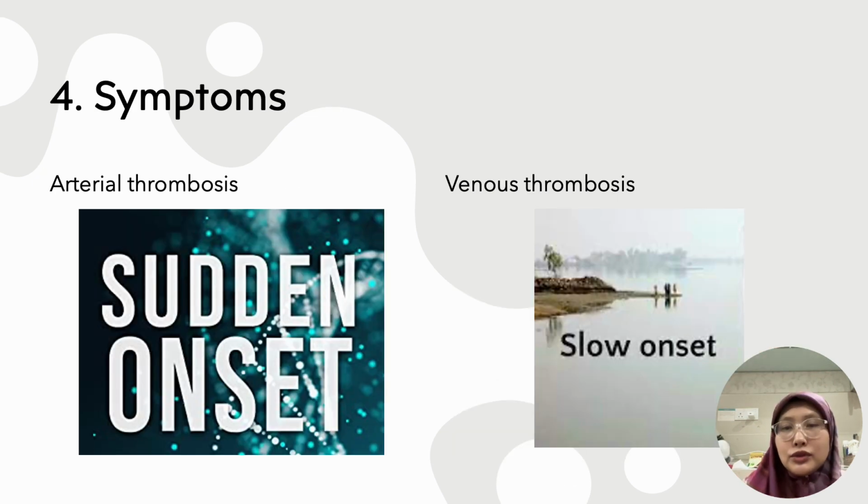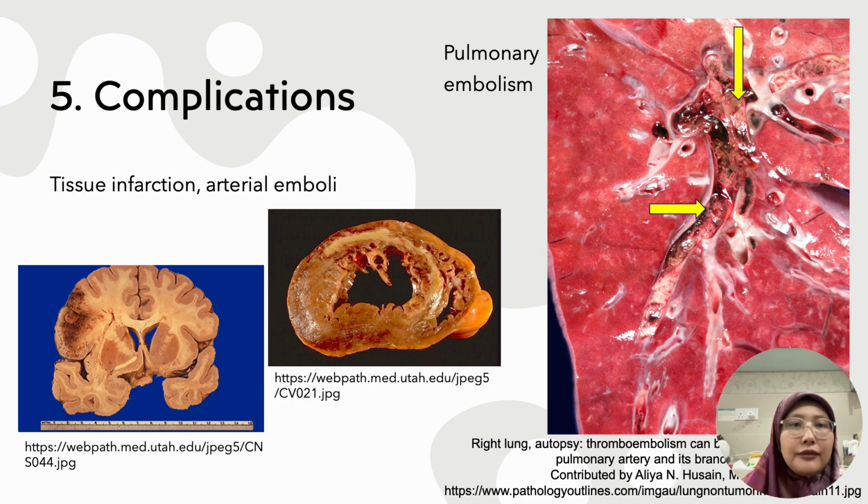For symptoms, arterial thrombosis usually has a sudden onset, while venous thrombosis has a slow onset. For the complications, arterial thrombosis can lead to tissue infarctions, and if it emboli, it can cause arterial embolism. If the emboli go to the brain and cause brain infarction, it will lead to stroke.